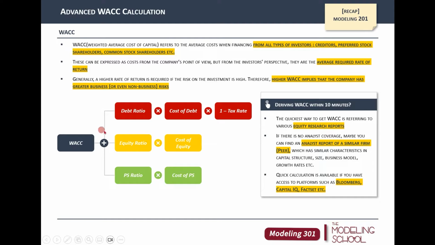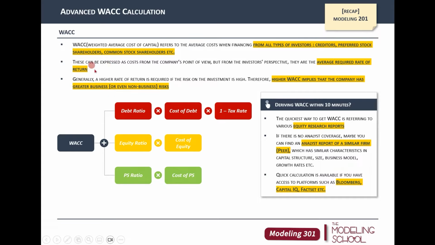Thus, the formula was debt ratio times cost of debt, the equity ratio times cost of equity, preferred shares ratio times cost of preferred shares, all weighted average and added up together. However, for the debt portion, we also added a tax shield since interest expense is tax deductible.